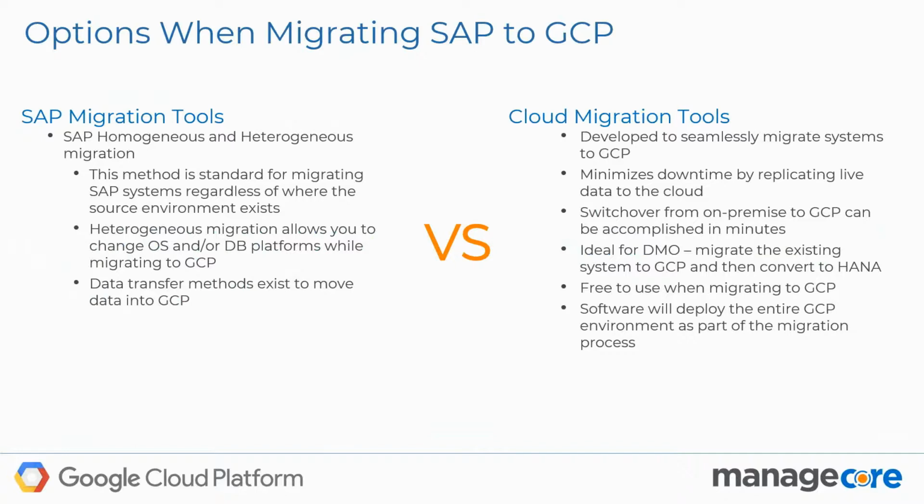This is also heavily used in environments where the source system is not a supported platform in GCP. For example, if you're running HP-UX today and you want to move your environment to GCP, you may not be able to use cloud migration tools to perform that, and your only option would be SAP migration tools.